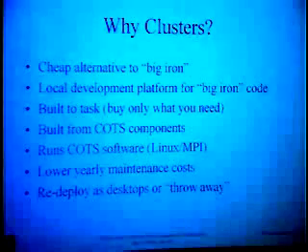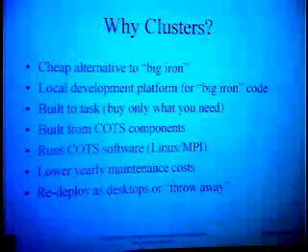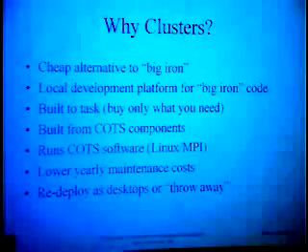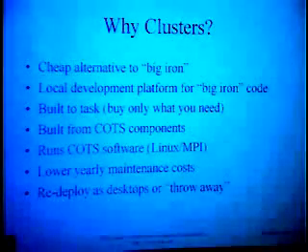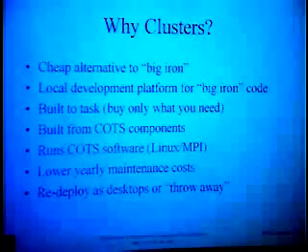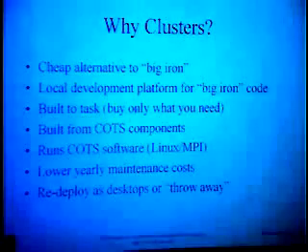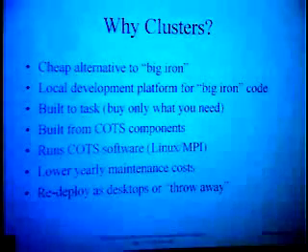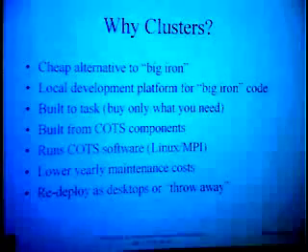You don't have to put money towards a maintenance contract every year. And finally, as the machines age or as you replace them, you can redeploy them to desktops. And eventually, when they're obsolete, people feel a little bit better about getting rid of a couple of PCs that can be replaced for $500 today versus a large expensive machine that you invested a lot of money in 5 years ago.